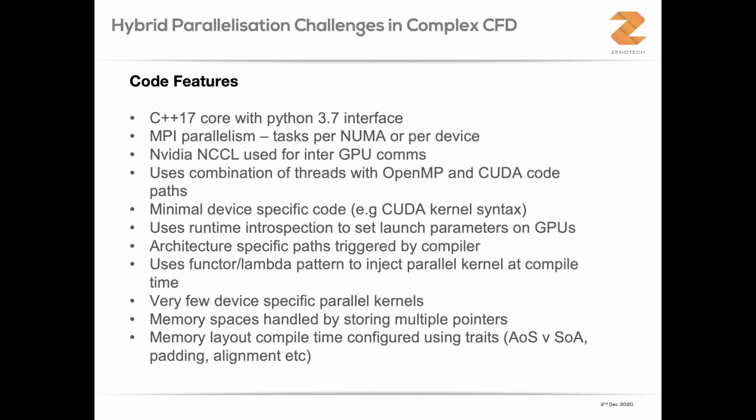Once we're within an MPI process, we use a combination of threads, and beneath that we then use OpenMP or CUDA, depending on the architectures that we're targeting. The reason for fronting everything using threads is that it allows us to decouple certain operations, for example to overlap MPI operations with other compute.